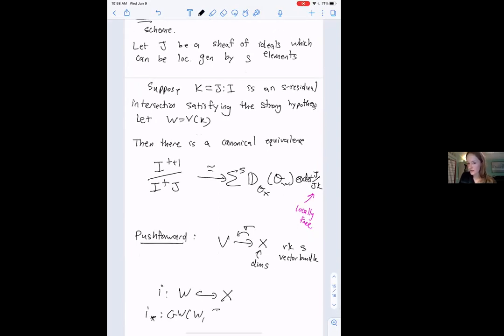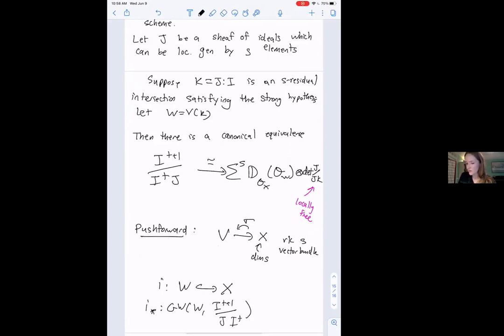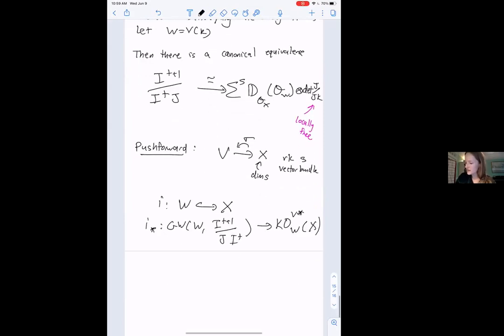I'll denote those perfect pairings by GW over J I^T. We can push them forward and obtain a pairing shifted by S with values in the determinant of the dual, because this was V pulled back to K, and we get this map, which can then be used to create a pairing in here.